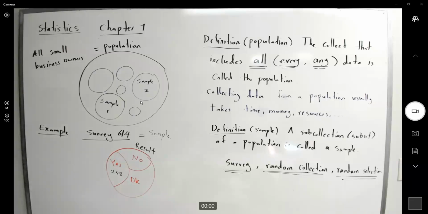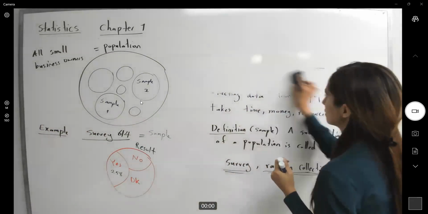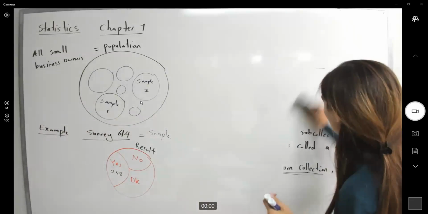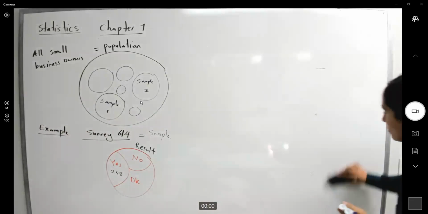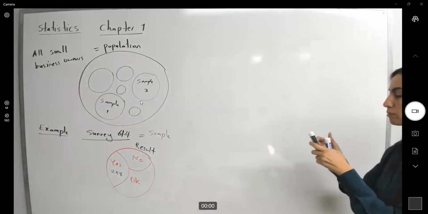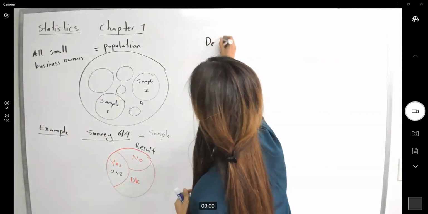Very good. Just a quick definition: the definition of parameter and the definition of statistic. These are new terminologies.